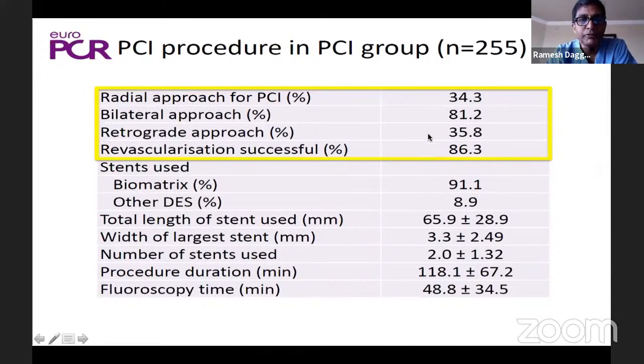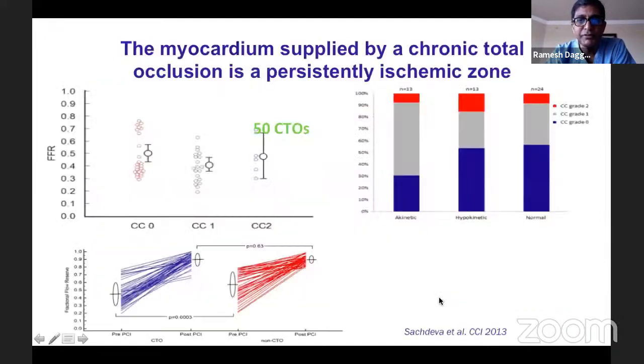The retrograde approach was used in the EuroCTO trial in only 35% of the patients. And there, 91% used biomimetic stents, and more than 3 millimeter stents. The procedure duration was 118 minutes and fluoroscopy time was 48 minutes. So see how we can limit the amount of fluoroscopy in these patients. I think with increased numbers, obviously we can do a much better job.